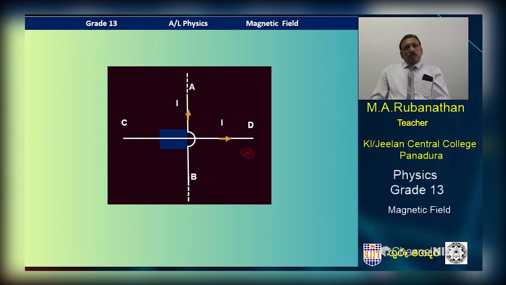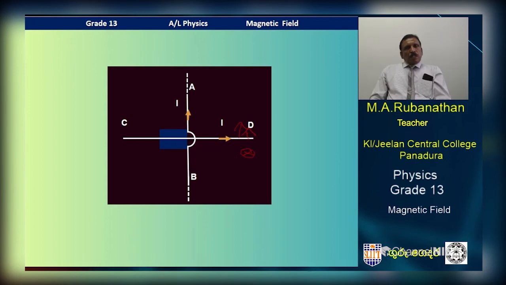First finger points in the direction of the magnetic field, second finger in the direction of the current, then the thumb is in the direction of the force. Therefore the force is upward at side D.